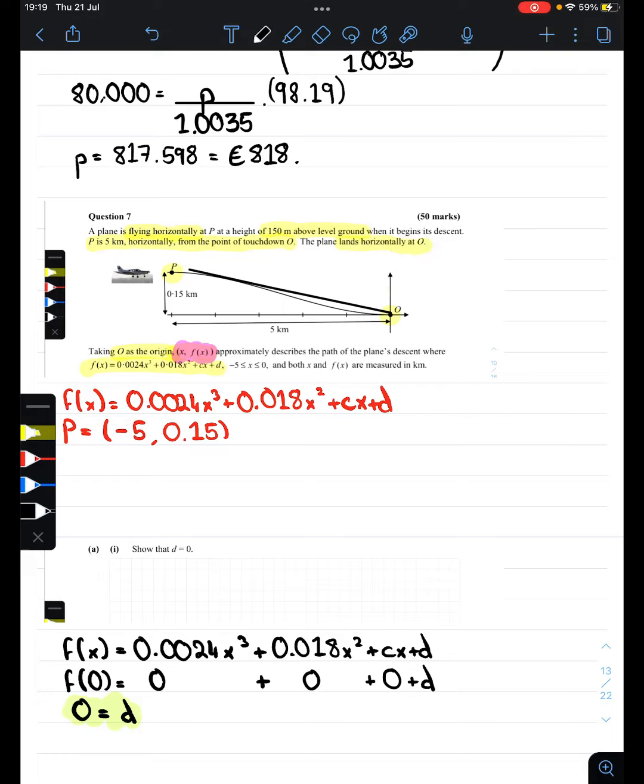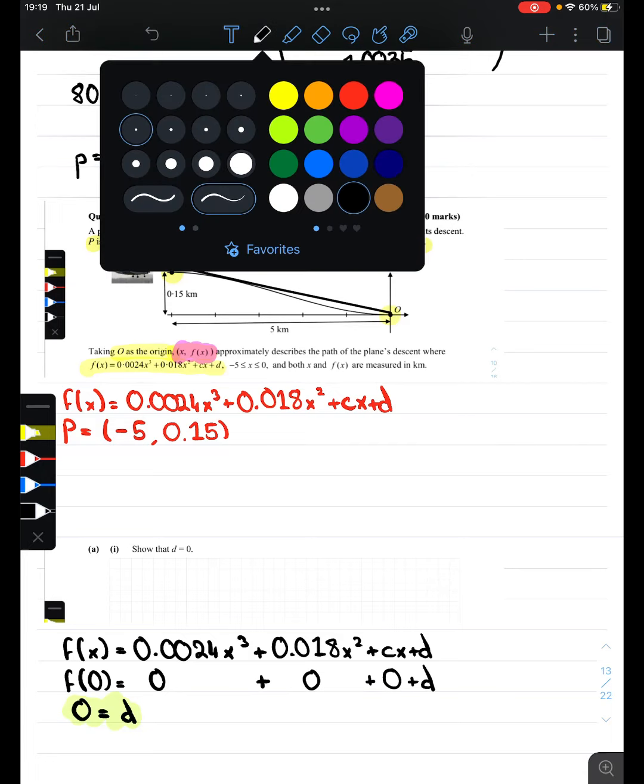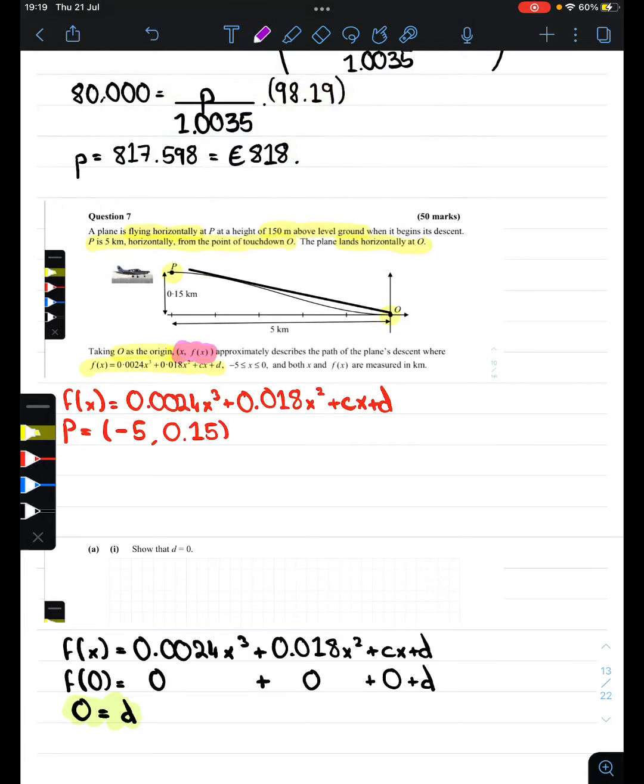So the angle would be, let's change the color, some purple, this angle here.